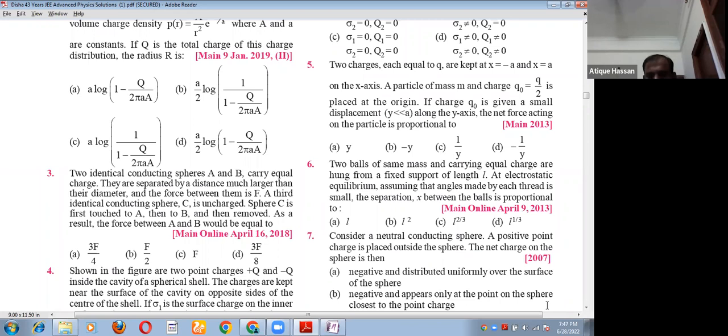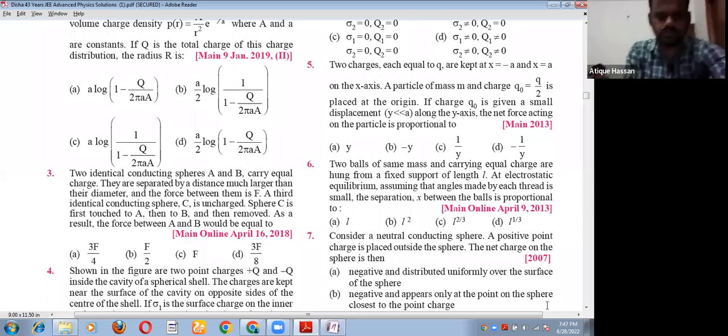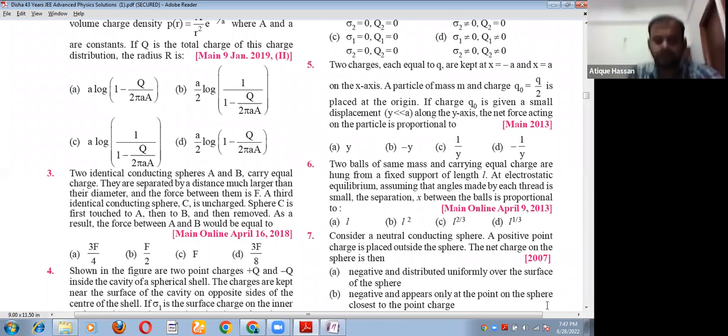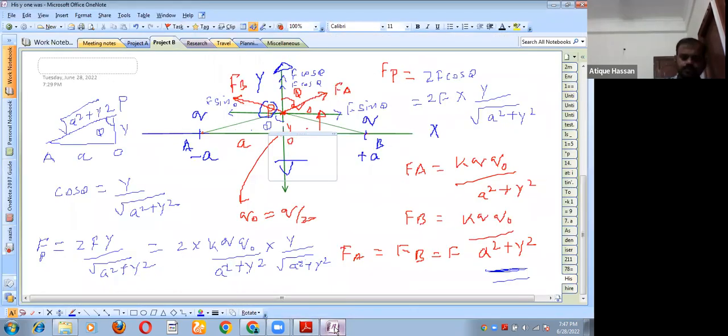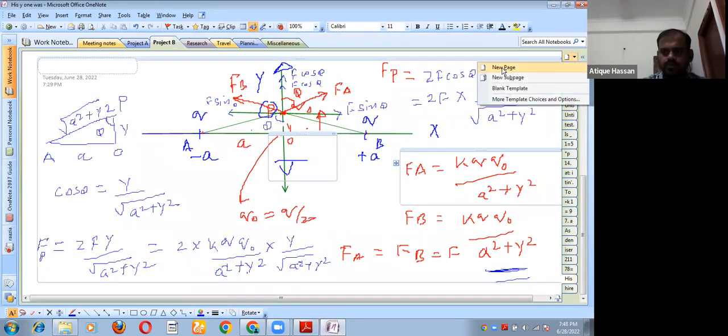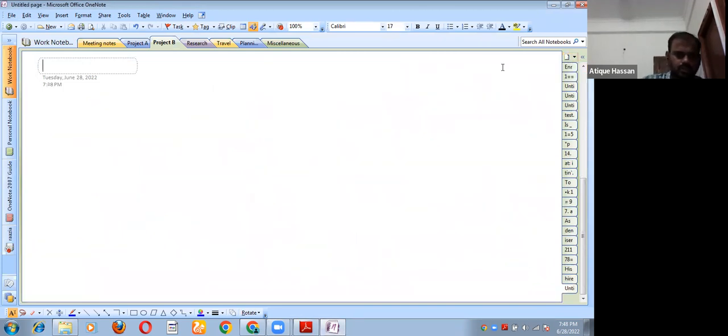So let us understand it through a diagram. Question is same. Let us try the diagram first.